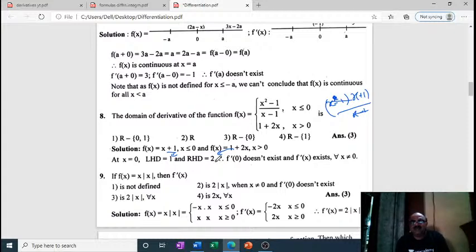Am I right? f dash of 0 does not exist. And f dash of x definitely exists for all values where x is not equal to 0. So the right answer is R minus {0}.